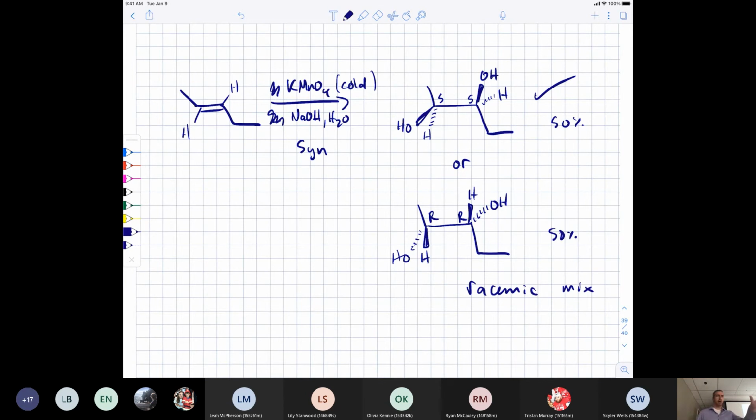Because this alkene is flat, trigonal planar on both carbons. There's no preference for the front face or the back face. So just depending on where the permanganate happens to land, front or back, you'll get either the RR or the SS. And you'd expect statistically to get like a 50-50 mix of these two. So you get a racemic mixture.